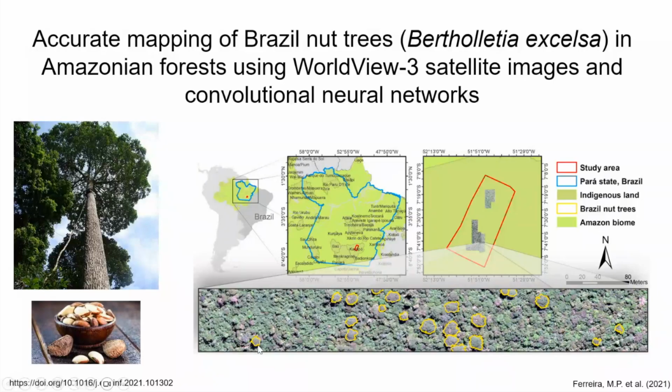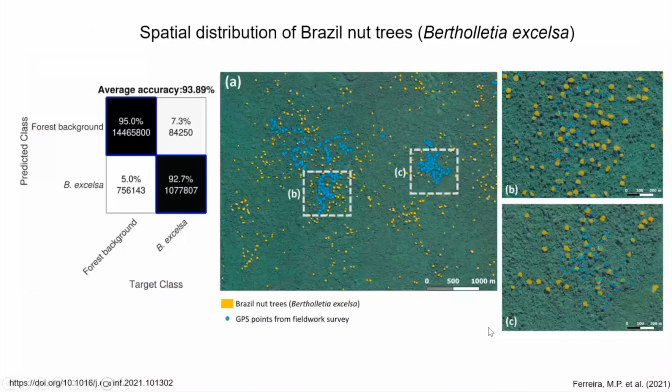It was a partnership with a company called Bioverse, in which we would like to test if we can use WorldView 3 high-resolution images of 0.3 meters of ground sampling distance, or pixel size. And we showed the potential of using WorldView 3 images to locate Brazil nut trees.